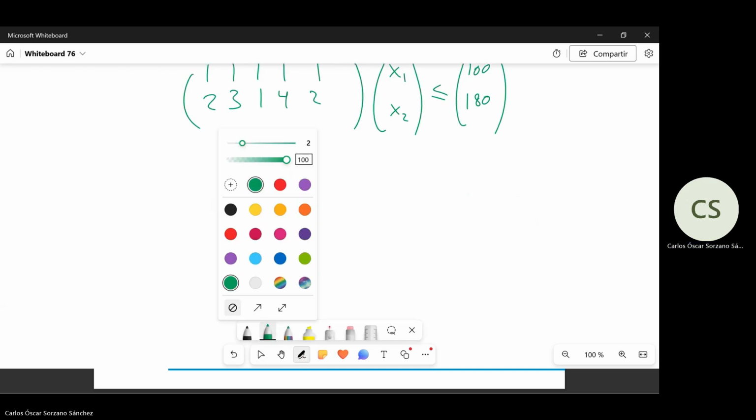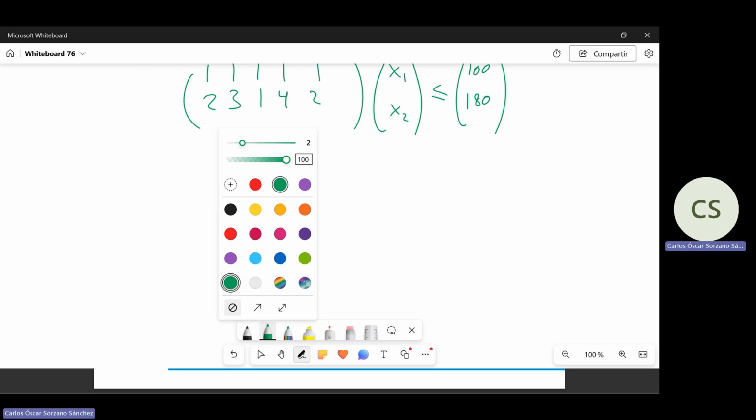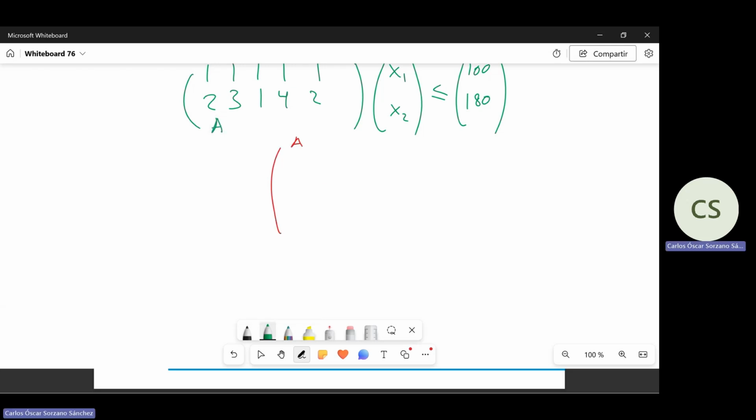So now our dual will be this one. Now we have to write A transpose.